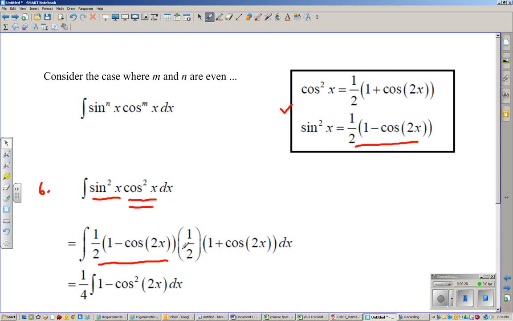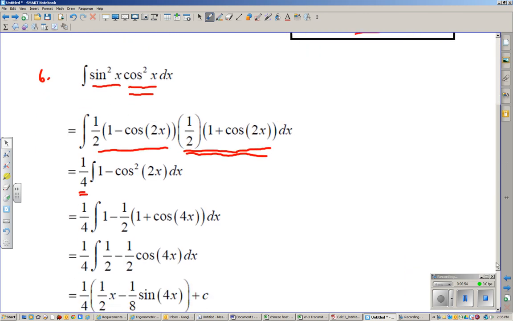We're going to take it out and replace it with 1/2 times 1 plus the cosine of 2x. So 1/2 times 1/2 brings me the 1/4 out front, and then if I FOIL it, I get 1 minus cosine squared of the 2x.